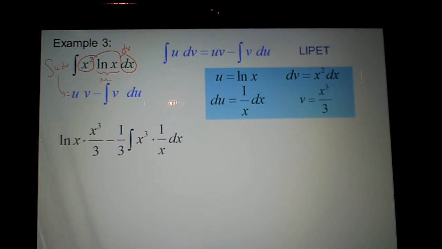Substitute. Notice that I took the 1/3 that would be inside the integral here and moved it out. X cubed over x is x squared.